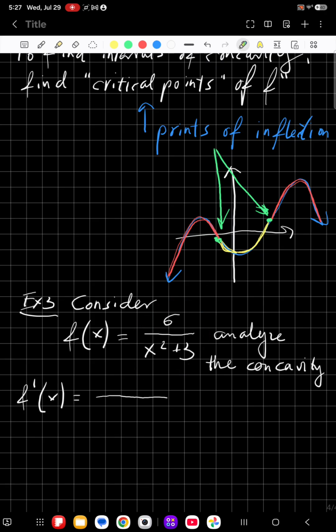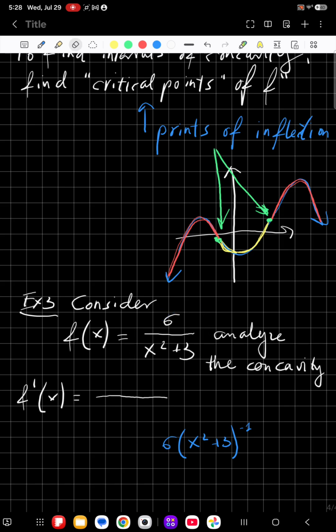You could use the quotient rule, or you could simply write 6 times x squared plus 3 to the negative first power, which moves that expression down to the denominator. Then this would be chain rule.